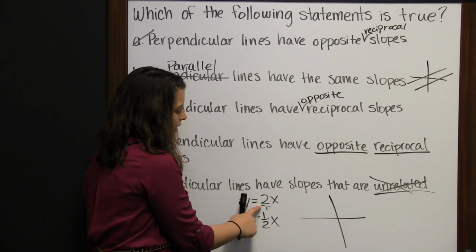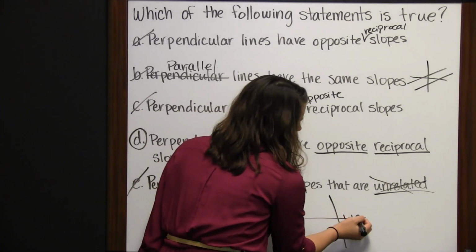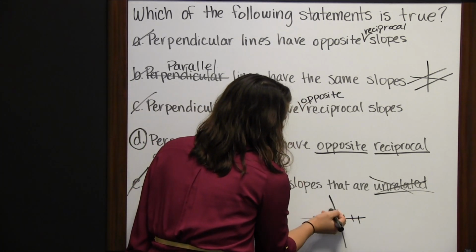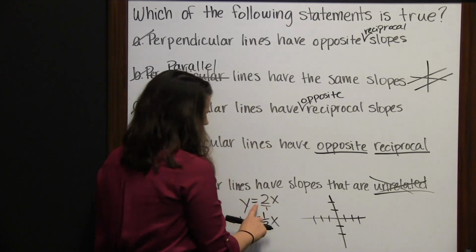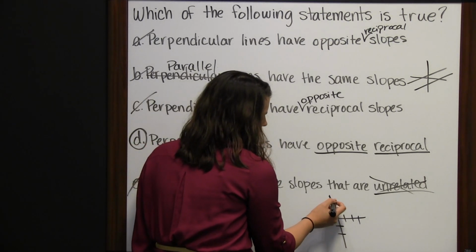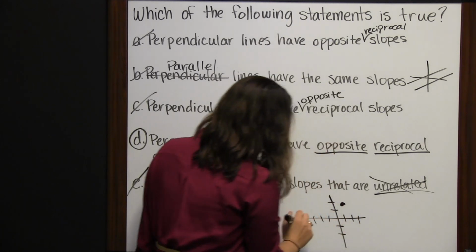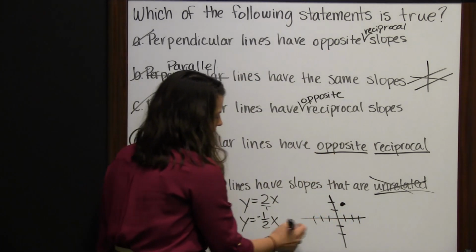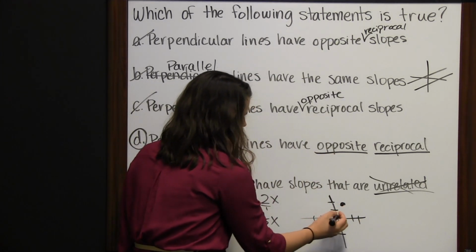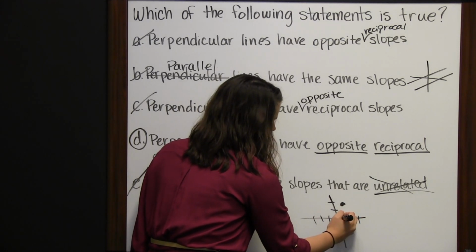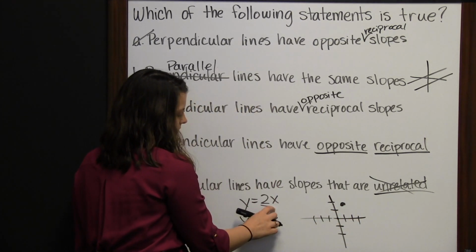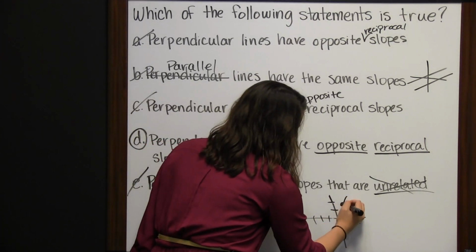So first I'll graph y equals 2x. Let me put some marks on my graph here. So y equals 2x, we would go up 2 over 1. It's going through the origin because there is no y-intercept.